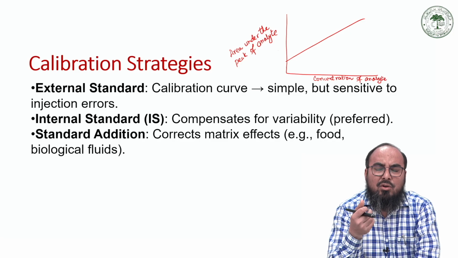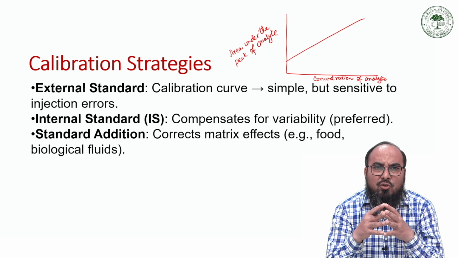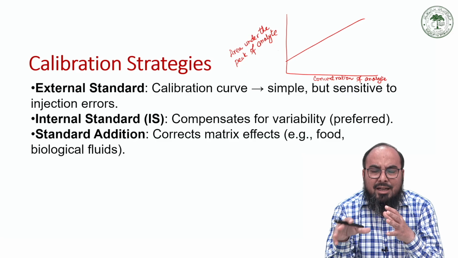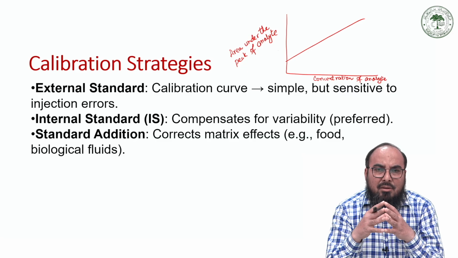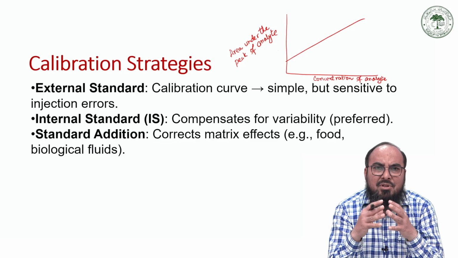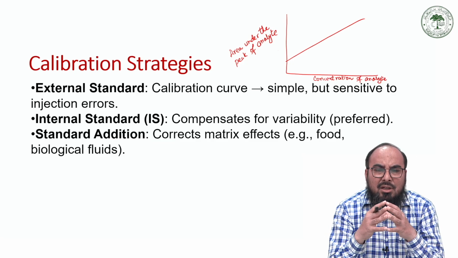For example, if you injected too much volume of your sample into the column, it can be analyzed from this plot, because the moment you exceed the capacity of your column, you will get some errors in terms of baseline.